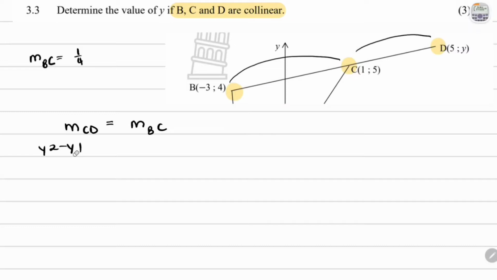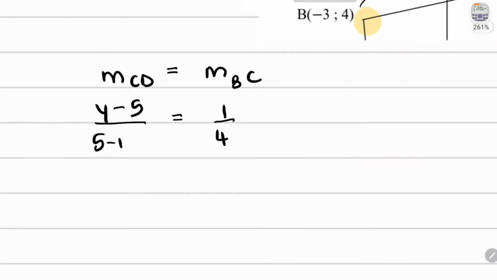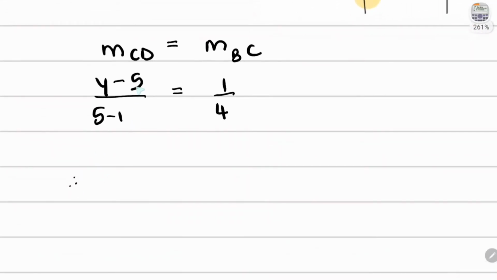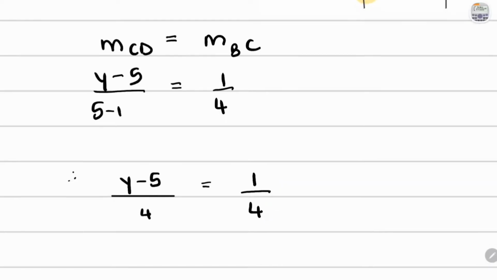That's y minus 5. Okay, so that's y minus 5 over, and then x2 minus x1, which in CD is 5 minus 1. Okay, so that is equal to the gradient of BC, which is already 1 over 4. So let's simplify. If you say y minus 5, it stays the same. Over 5 minus 1, that gives you 4. And you see that here, your denominator is also 4.